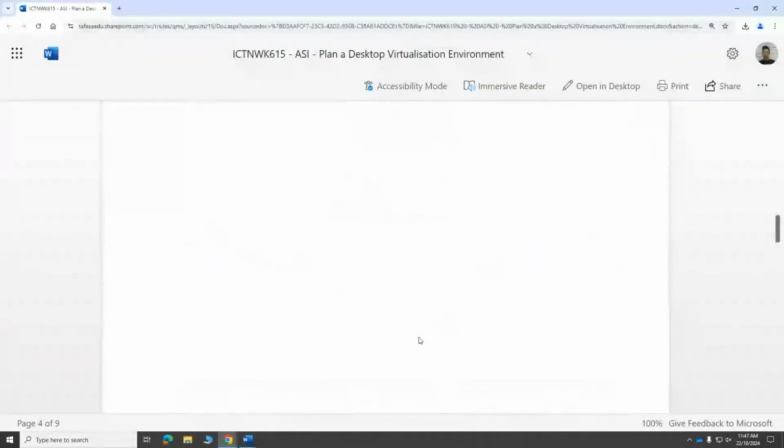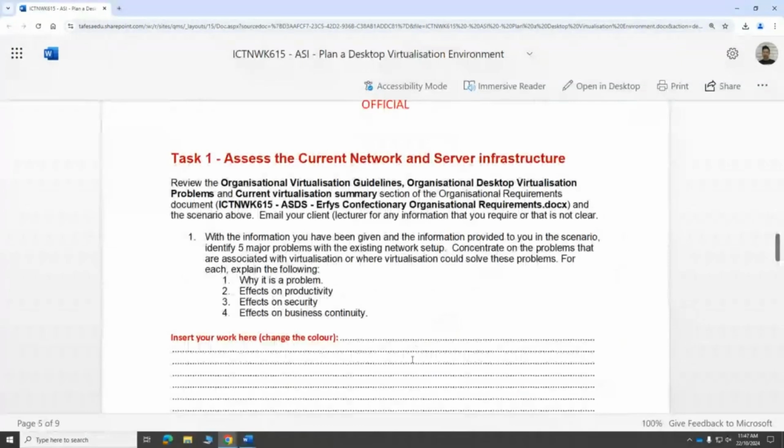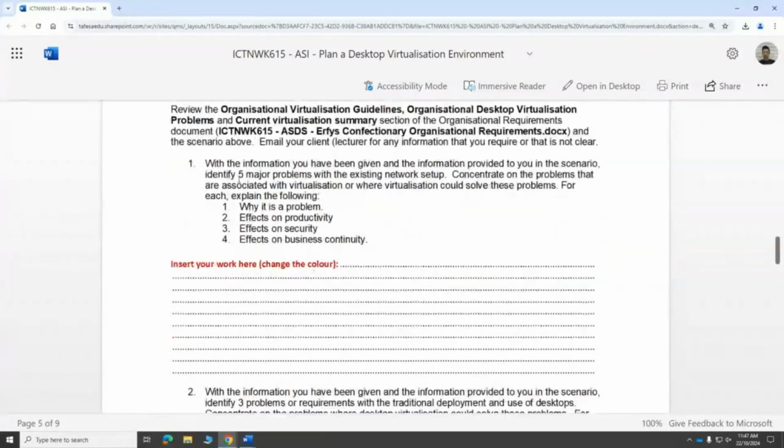So task 1: assess the current network and server infrastructure. Review the organizational virtualization guidelines, organizational desktop virtualization problems, and current virtualization summary section. That's what we looked at just before. And now, 5 major problems.